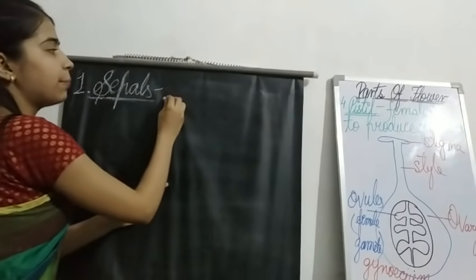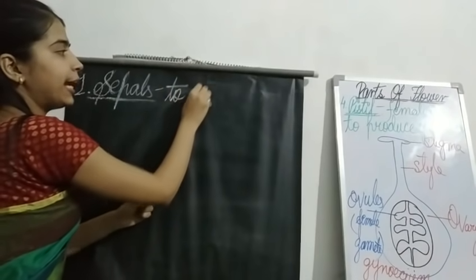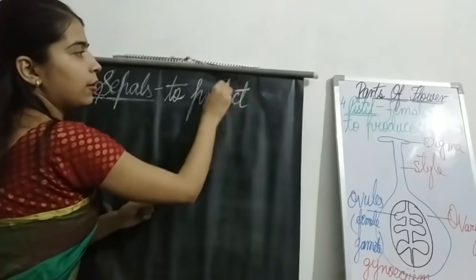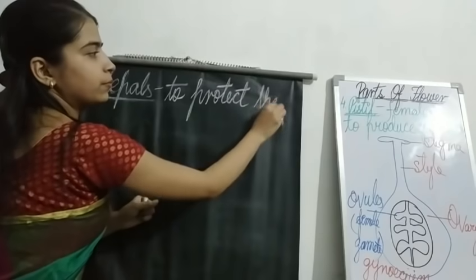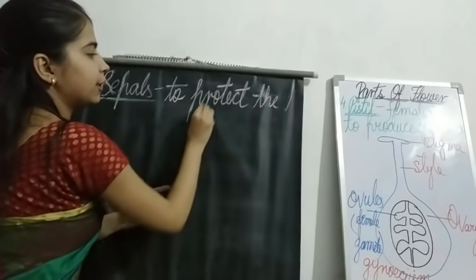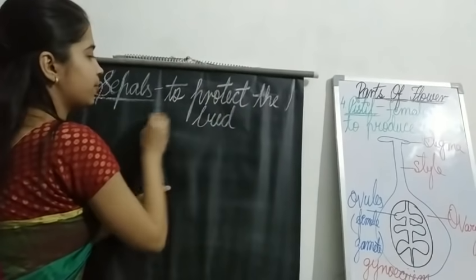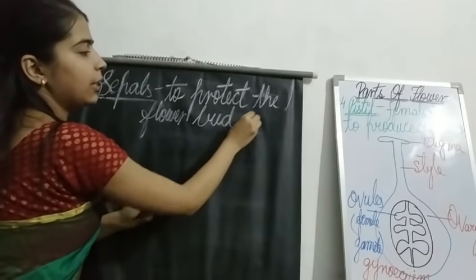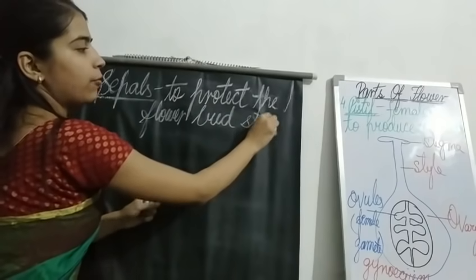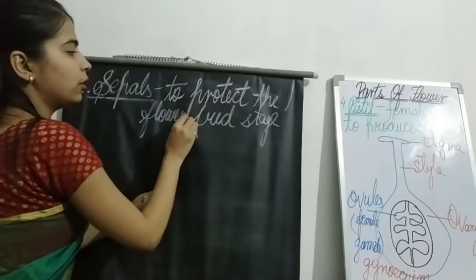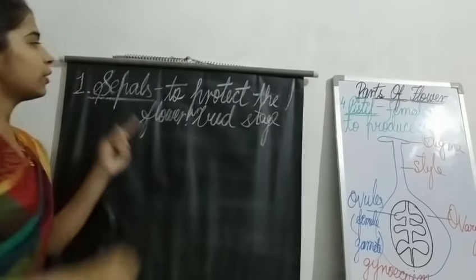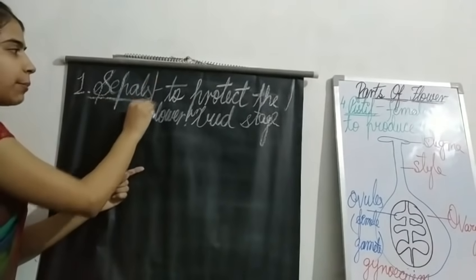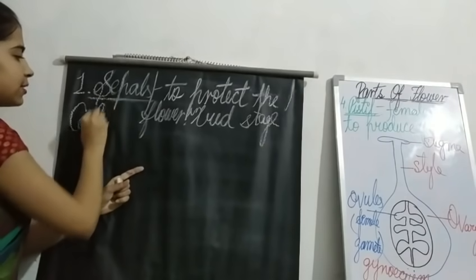The function of the sepal is to protect the flower, to protect the bud, to protect the flower in the bud stage. That is the function of your sepals. That is the first whorl. And what is the other term for sepals? That is your calyx.